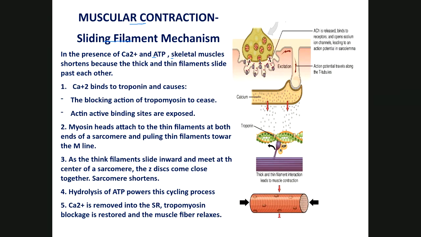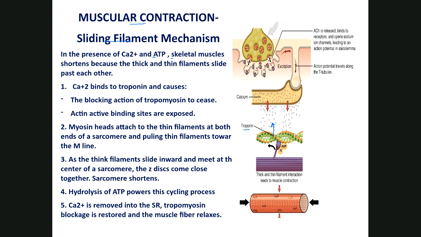So what happens at this point, we need energy, ATP, and we need calcium present. The calcium binds to the troponin, which pulls the tropomyosin out of the way, allowing the myosin head to connect to the actin. Once this connects, it begins to pull towards each other.